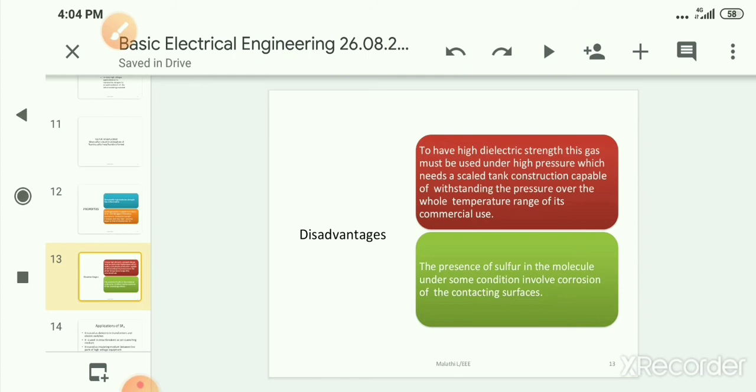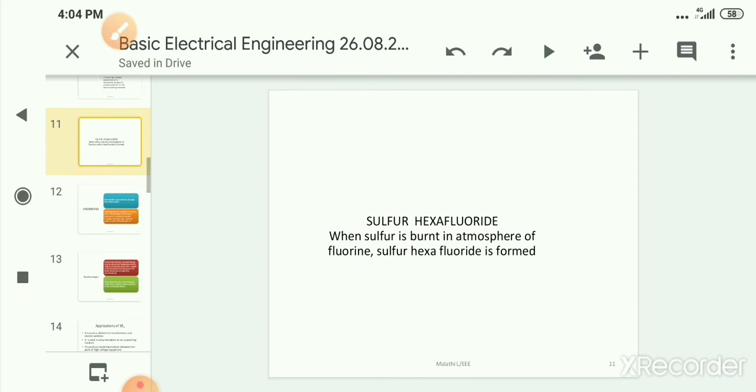These are the relative advantages and disadvantages of sulfur hexafluoride.